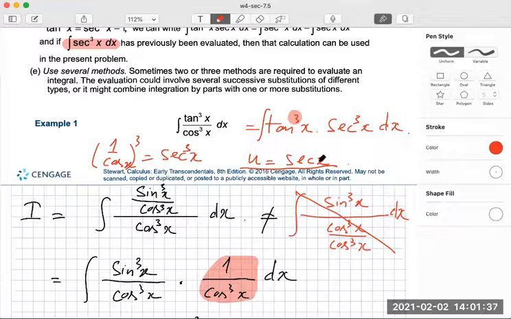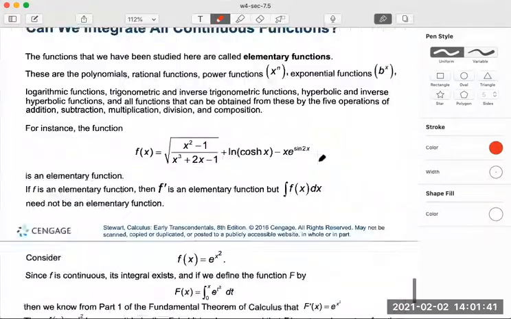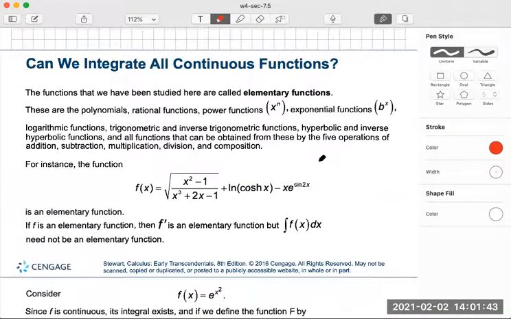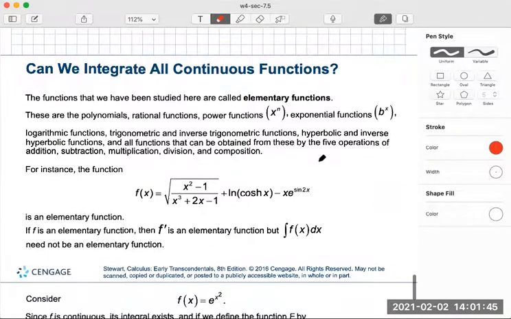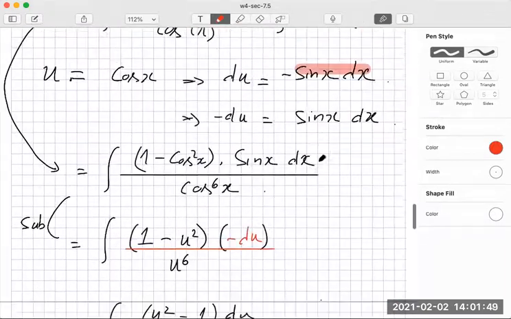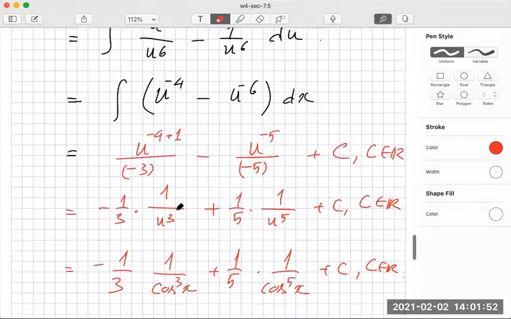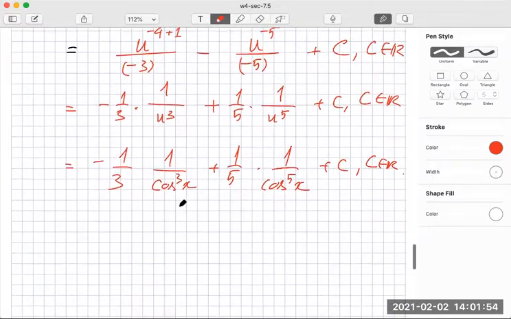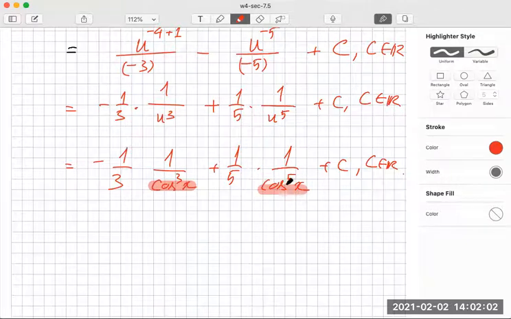That's it. There's nothing new in this chapter, but there are some more concepts. Okay. On the very last line here? Yeah, would you combine them? Oh, we cannot combine because the denominator here is cosine cubed, here cosine to the 5th, right?